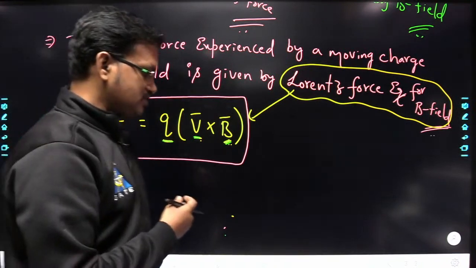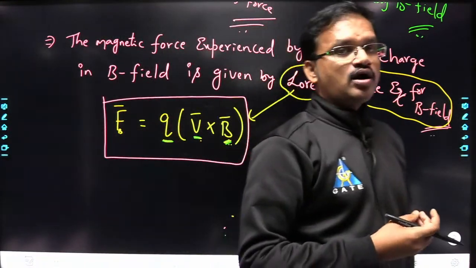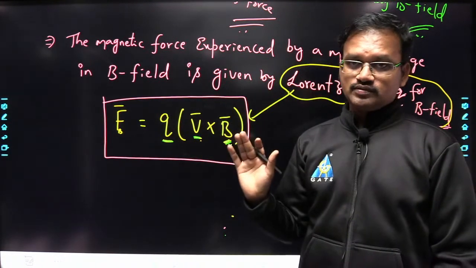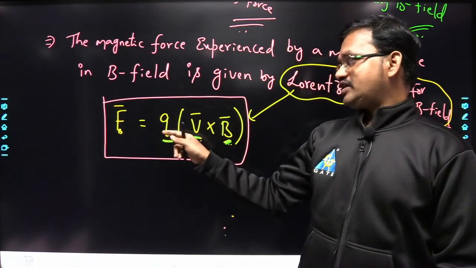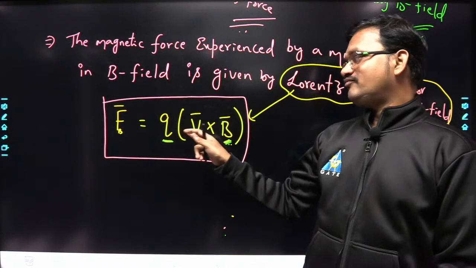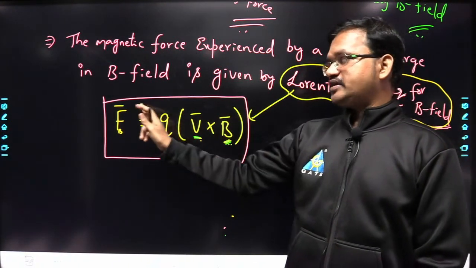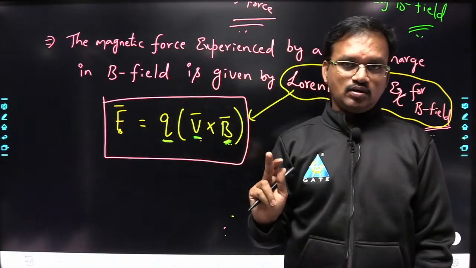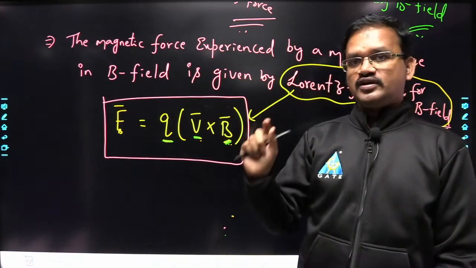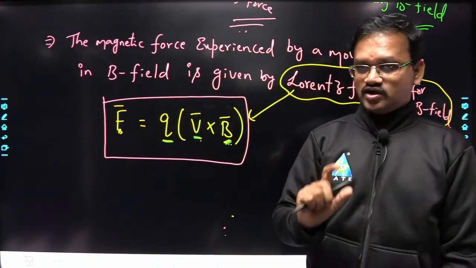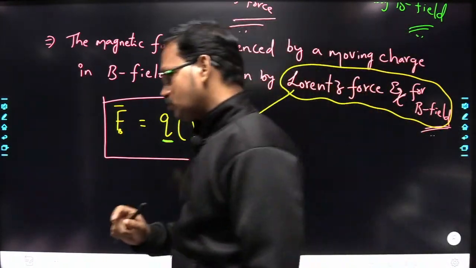From here also we can say that a stationary charge cannot experience any magnetic force. Whenever a charge is moving with some velocity v in magnetic field B, only then is it going to experience some force. A moving charge in B field is going to experience force. A stationary charge in B field cannot experience any force. That's what you have to understand.